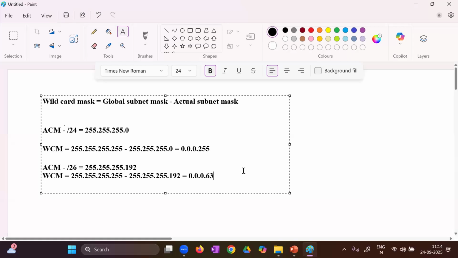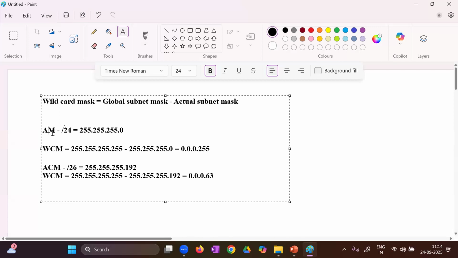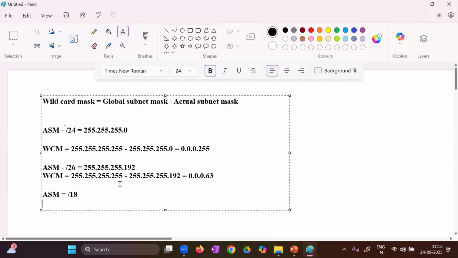Even if you write an actual subnet mask of any other class, let's take it from class B, slash 18. What value are we getting here? 255.255.192.0.